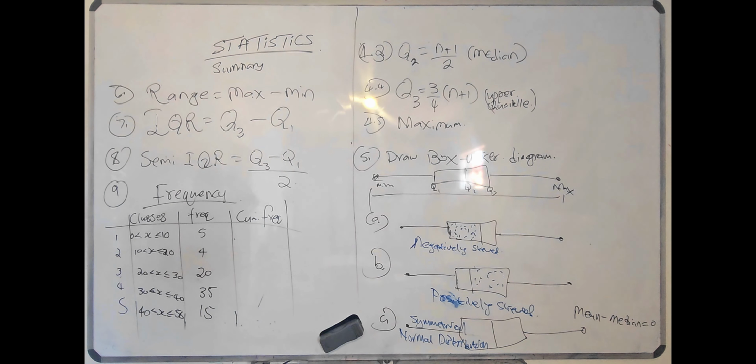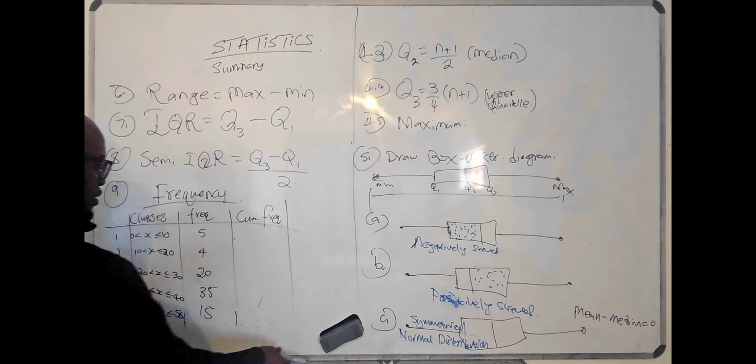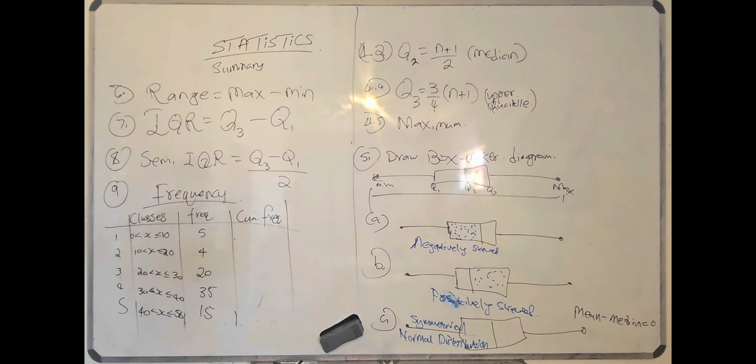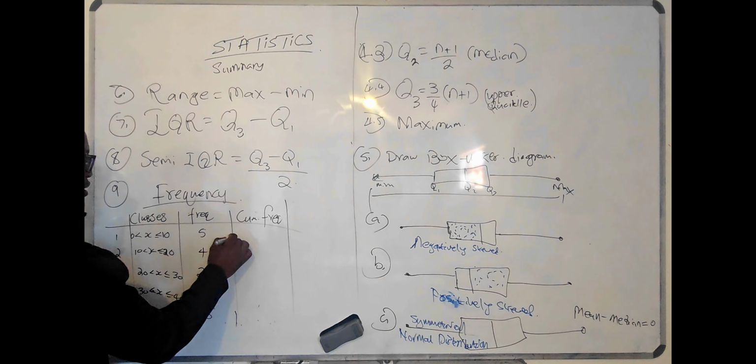They might ask us to draw, but before we can draw, they might ask us for cumulative frequency. In grade 10, they forget how to calculate the cumulative frequency. The way I used to remember it is a zigzag calculation.